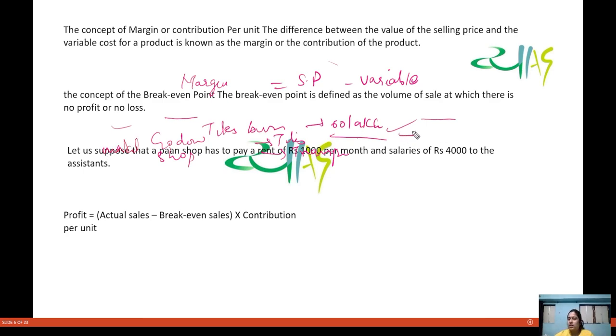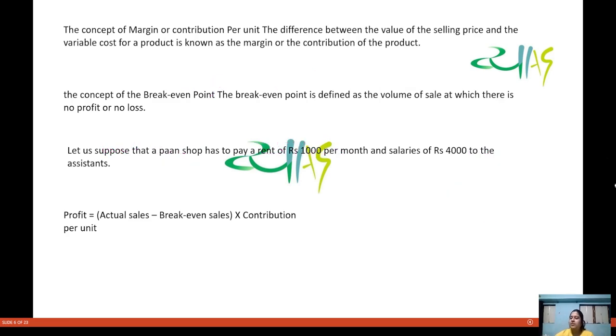So everything in total costs 60 lakh rupees. When you earn this 60 lakh rupees back, then you have reached the break even point. That means no profit, no loss. Whatever sales will come beyond this point, that will be your profit. So this is the concept of break even point.